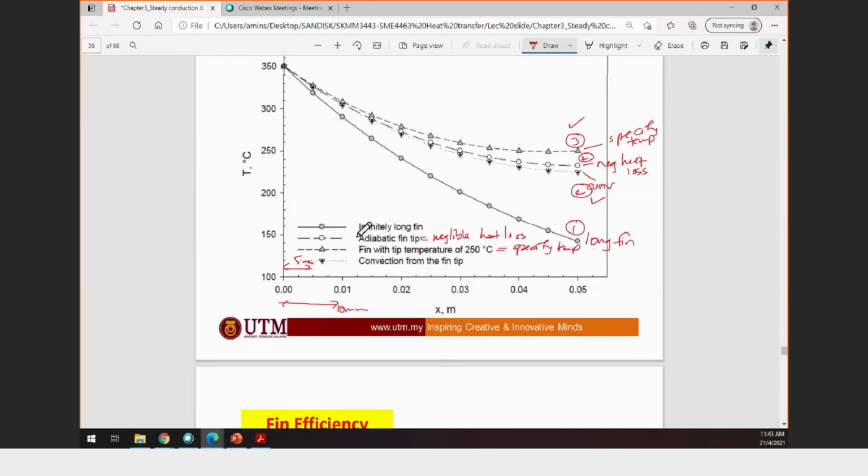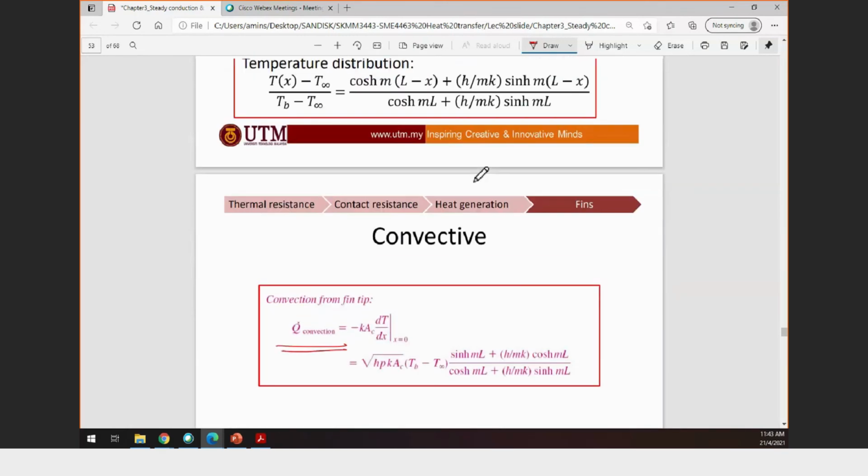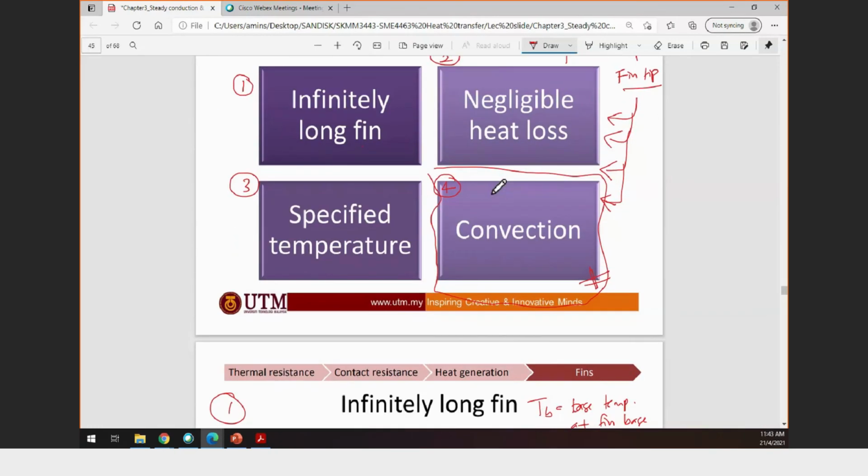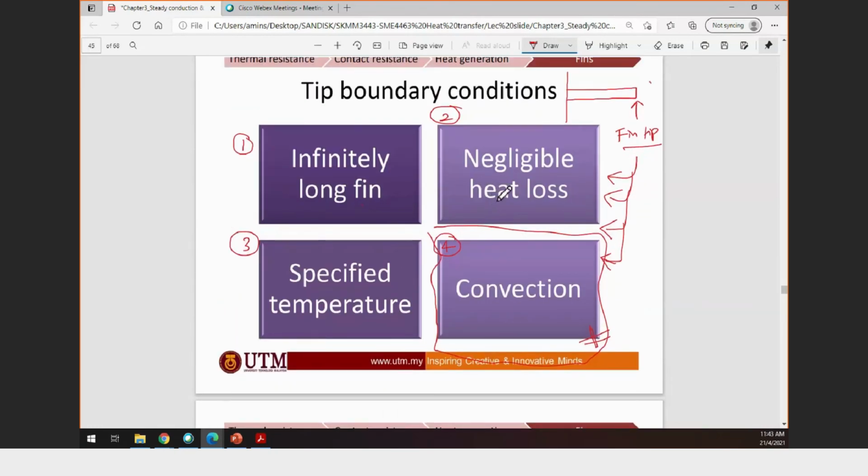Even though, why do we have this kind of condition? Normally this kind of boundary condition is required by the fin designer. We want to know how long the fin can be designed in terms of length.